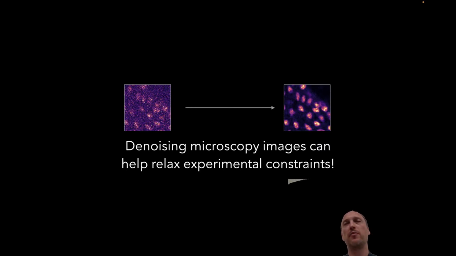So really, denoising is potentially a very, very useful post-processing of your images to not just make your images better, but also perhaps to improve your experimental design and have access to conditions that you perhaps would not have access to otherwise.